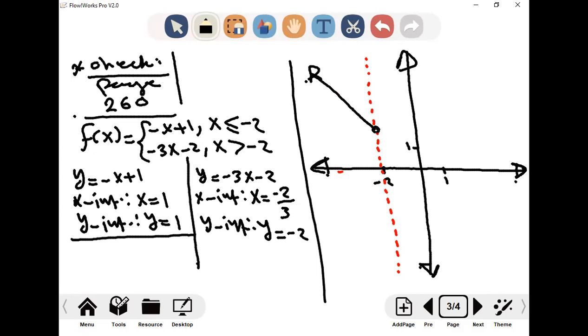Now the second part, -3x - 2. Let's determine or plot the intercepts. x = -2 over 3, which is about -0.6 rounded. So it is close to -1 from the right. It's between 0 and -1, but a little close to -1.